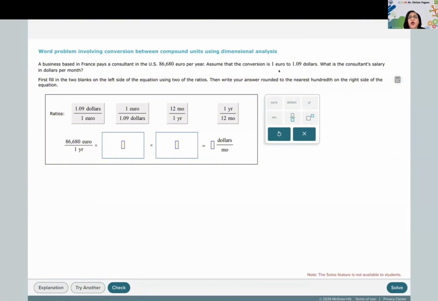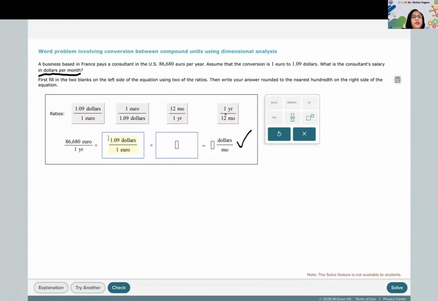So again, I have to know what I am ending with. So I'm ending with dollars per month, and it does say it here as well. So the first thing that I'm going to place in this box is the euro has to be in the denominator. And then I'm going from dollars to dollars per month.